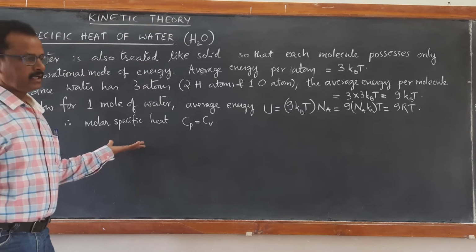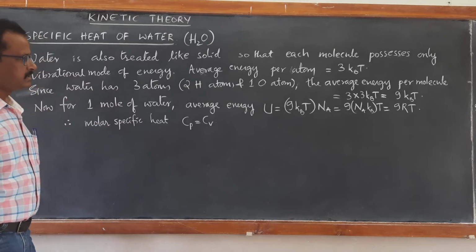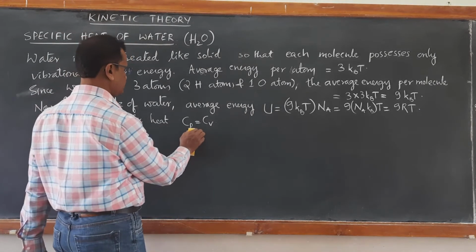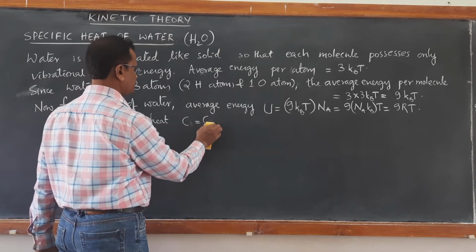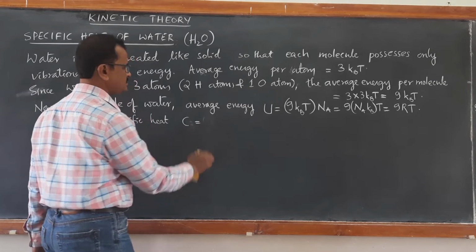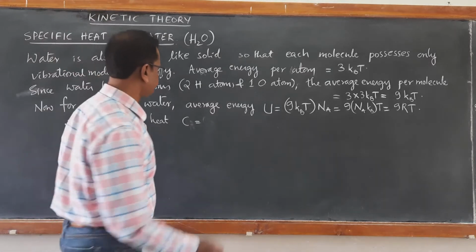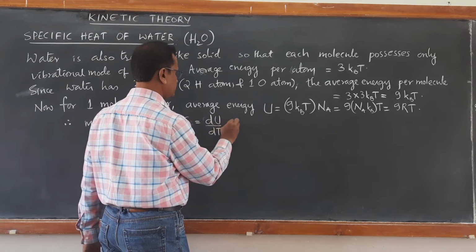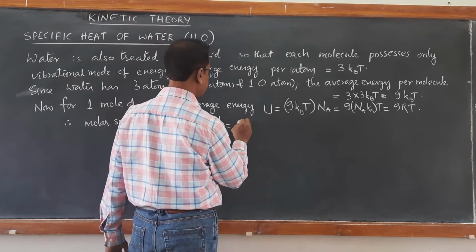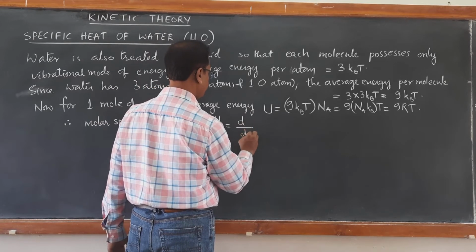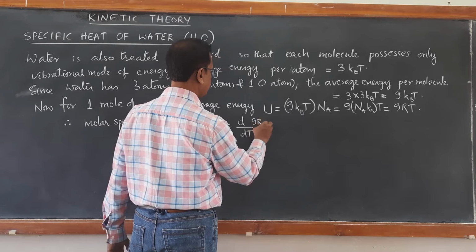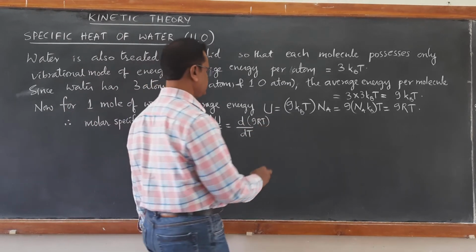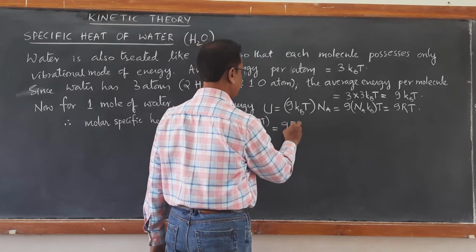So there is no need to mention Cp or Cv. Molar specific heat can be directly calculated as du by dT. So it becomes d by dT of 9 RT, and dT by dT is 1, therefore it becomes 9 R.